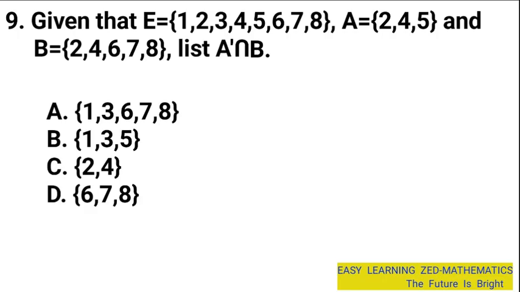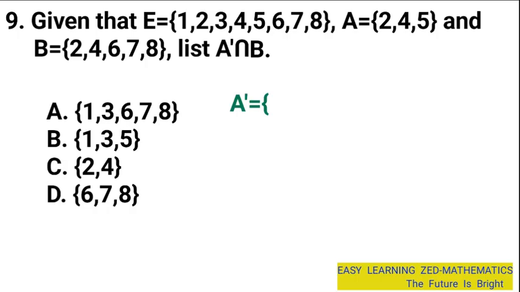First, you need to list members of A complement and members of set B. So you can write set A complement is equal to... if you don't know, when we say set A complement, we are talking about members that are not found in set A, but they are in the universal set.